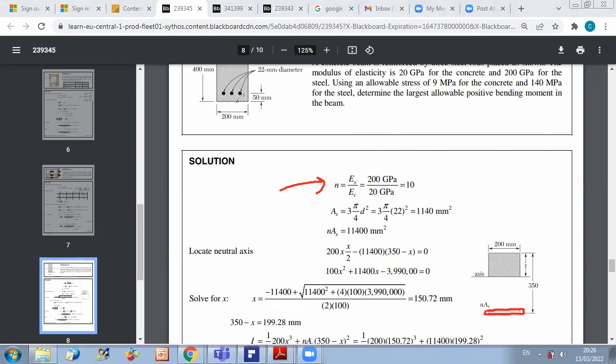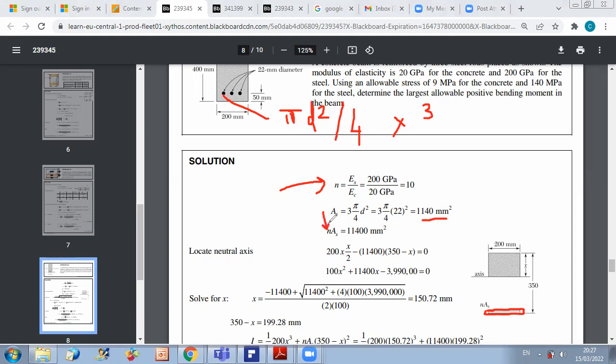Now, since you have 3 steel rods and each steel rod has a cross section of pi d squared over 4, then for 3 steel rods, the total cross section is 3 times pi d squared over 4. And here you can keep your dimensions in millimeter, then you get your area in millimeters squared. And don't forget to multiply by n to have the modified section.